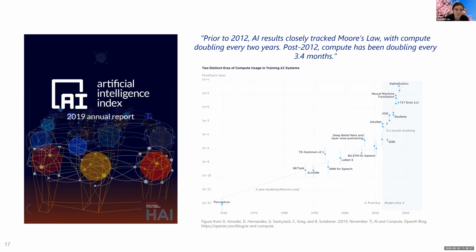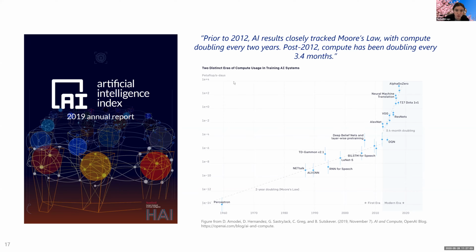Now, the great milestones conquered by AI have been tightly coupled with computation. This graph that we have on this slide shows how OpenAI identified 2 eras of AI with regard to computation. Prior to 2012, we can see the initial line to the left, the computation required for the largest AI training was tightly coupled with Moore's law, so computation was doubling about every two years.